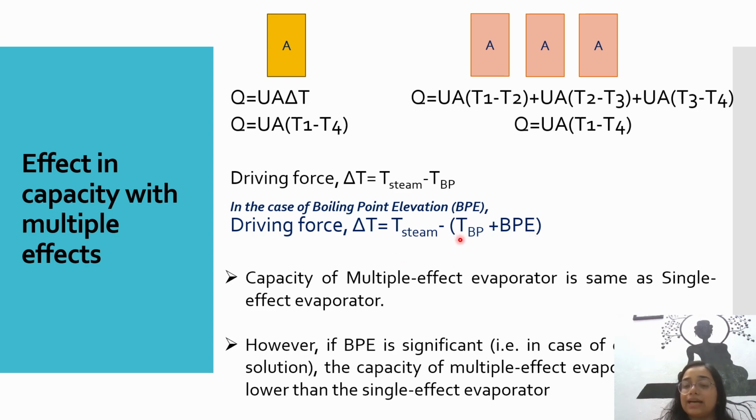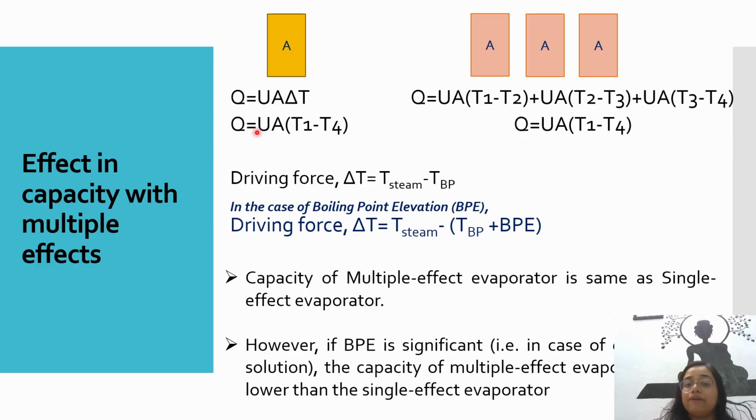Suppose initially it was 100, and the boiling point elevation is 5 degrees, then 100 plus 5 is the total boiling point, that is 105. The difference between the temperature of steam and this overall boiling point will be the driving force for the evaporation phenomena. If we compare these two equations, you can see that in the case of boiling point elevation, our driving force reduces.